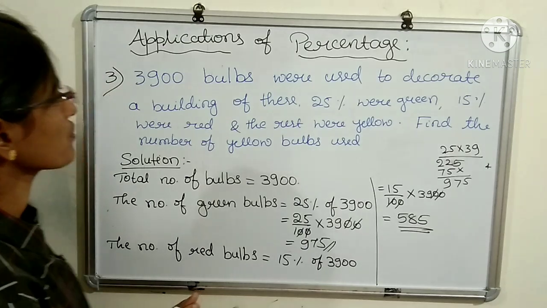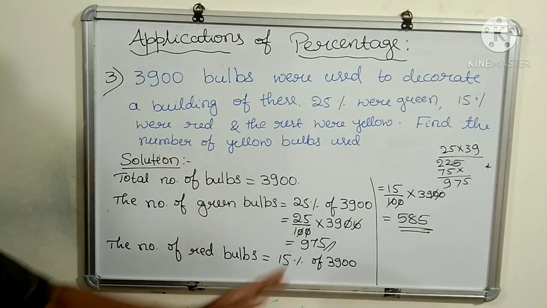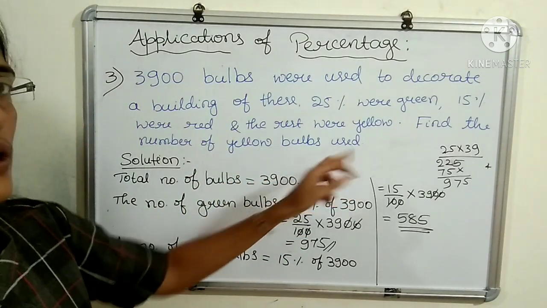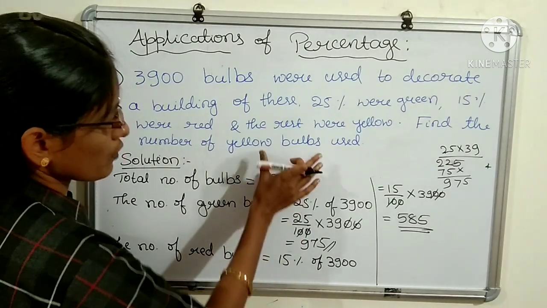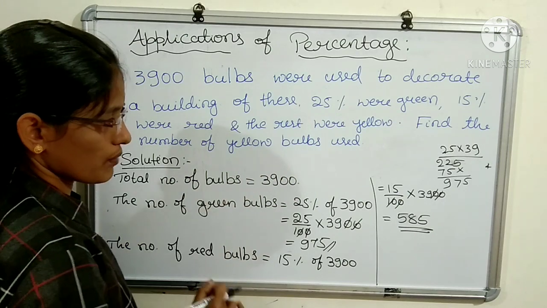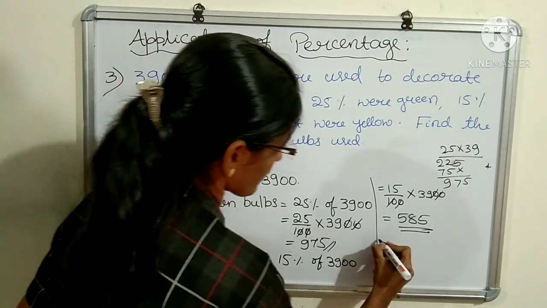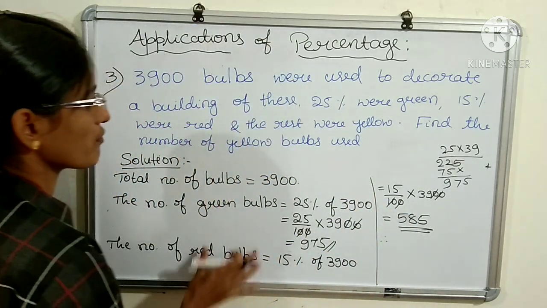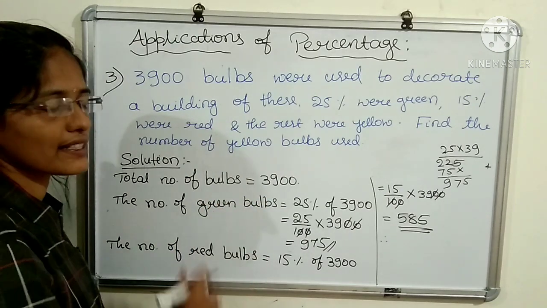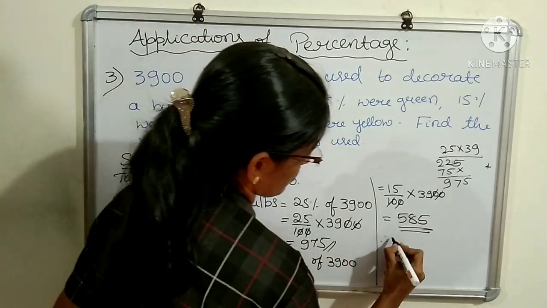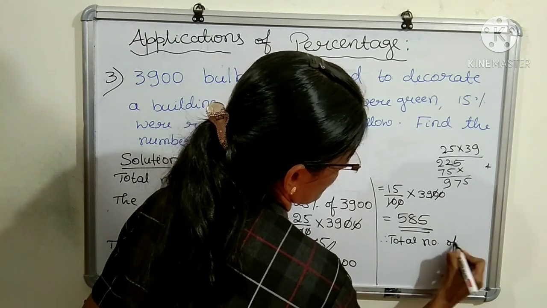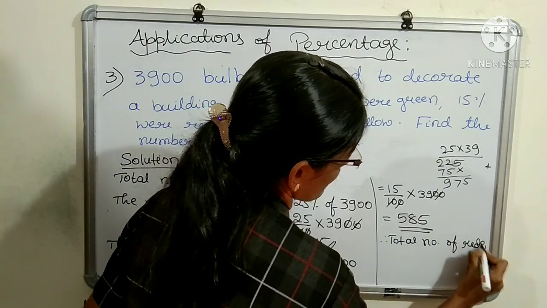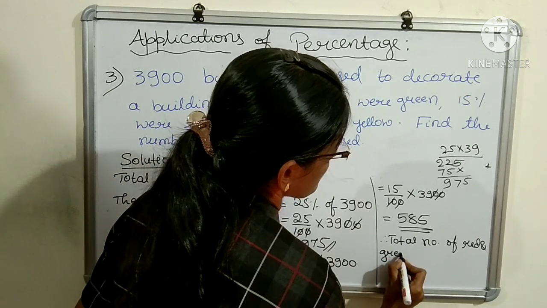Now what we have to find? We have to find the number of yellow bulbs. How to find the number of yellow bulbs? Before finding the number of yellow bulbs, first we have to take the total number of red bulbs as well as green bulbs.